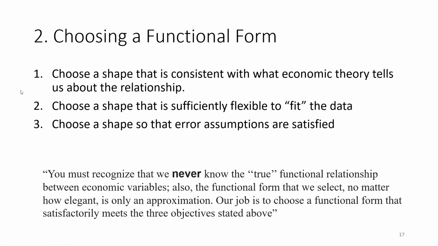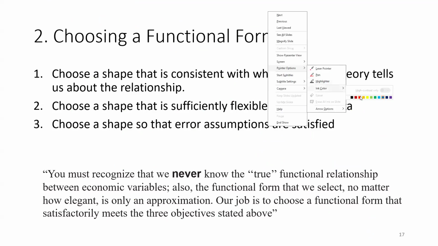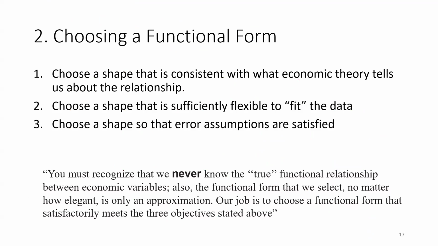First, like I said, you have to choose a shape that is consistent with economic theory. So theory comes first. For example, in the most famous microeconomic theory, they always assume the production function to be the Cobb-Douglas function.